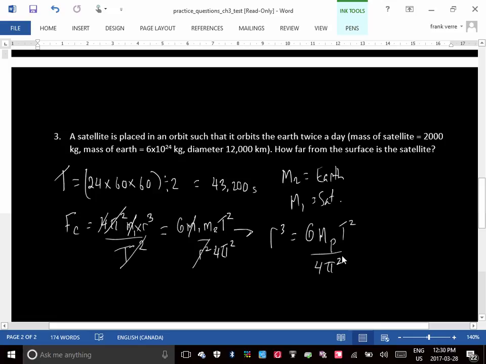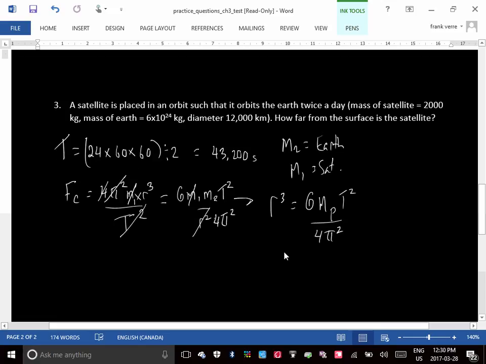Okay, so let's work that out. So big G is 6.67 times 10 to the negative 11. Planet is about 6 times 10 to the 24.